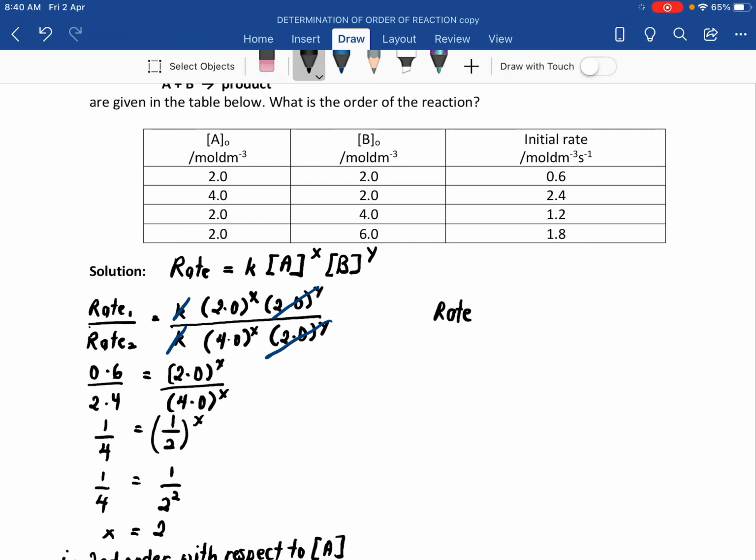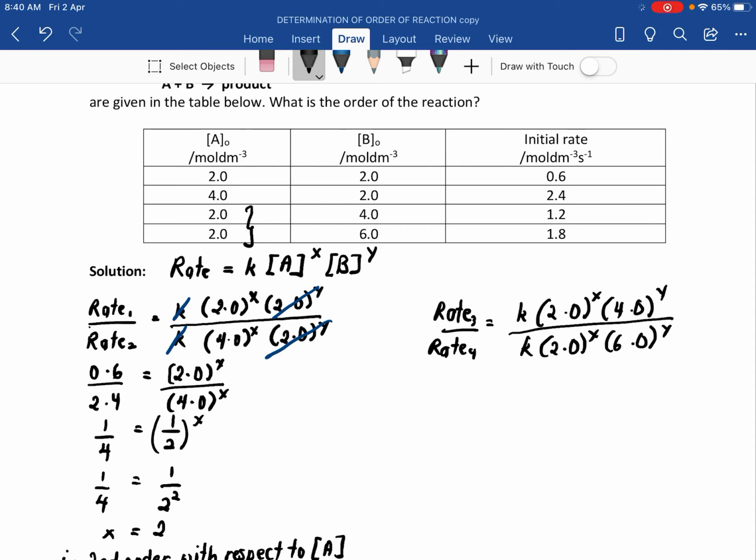So rate 3 over rate 4: k times 2.0 to the power of x times 4.0 to the power of y, over k times 2.0 to the power of x times 6.0 to the power of y. Then we substitute the rates 1.2 and 1.8, and cancel out anything that appears twice.